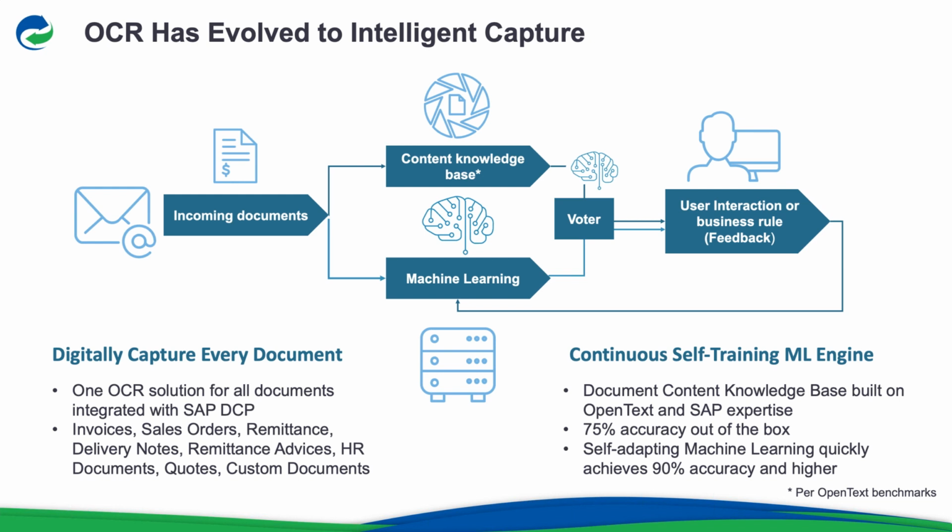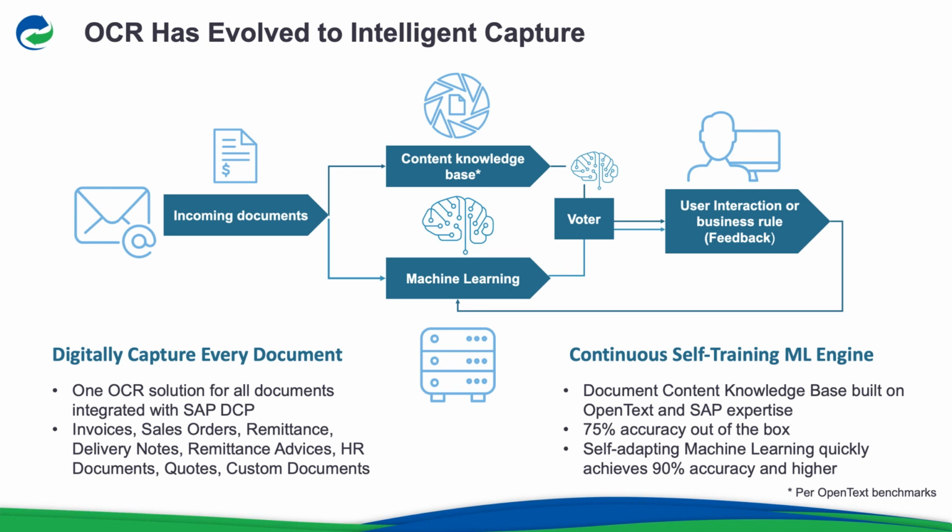And with the license change that I mentioned on the last slide, you can take Intelligent Capture to be your OCR component and expand it to the other use cases I mentioned, giving you a unified solution for processing any document that has OCR needs within your organization.